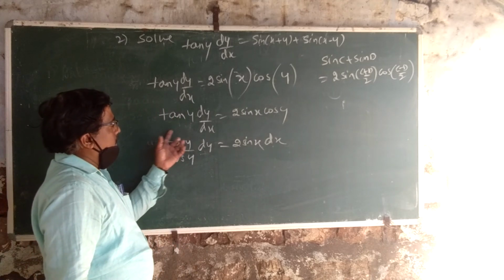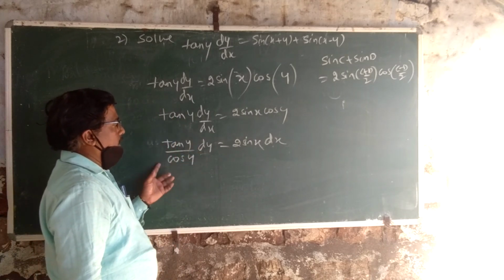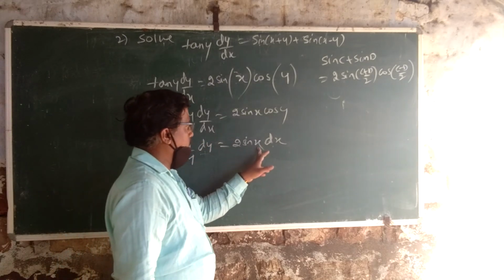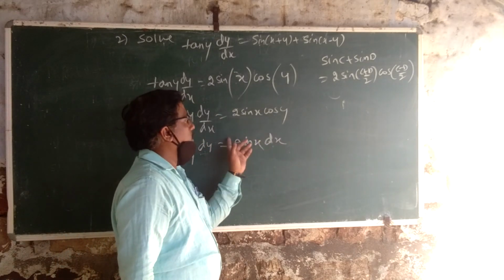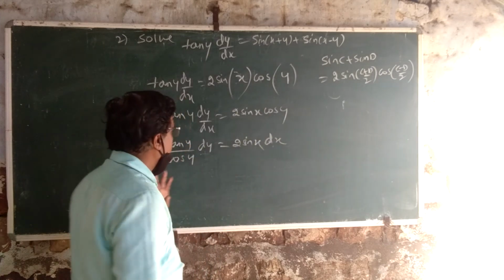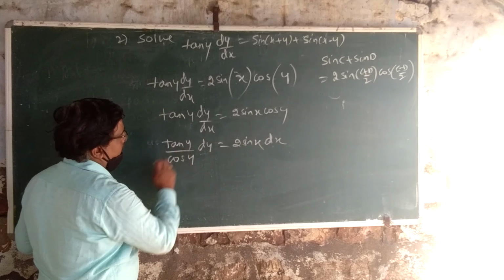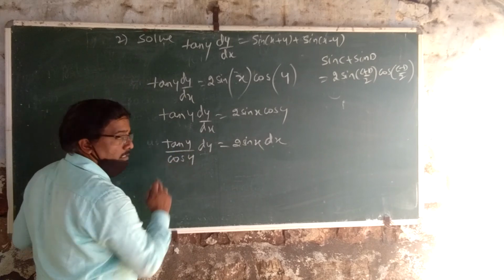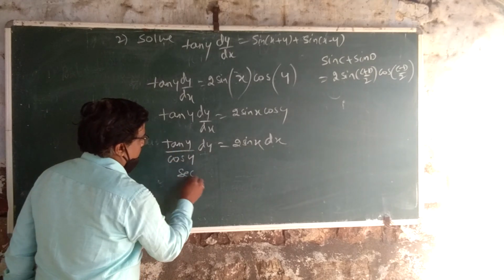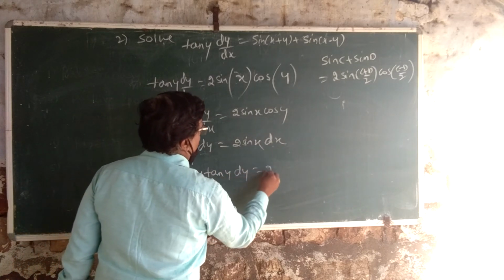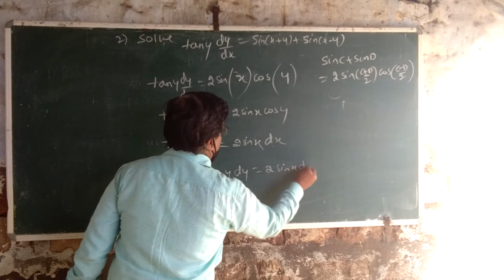Now see here, the terms containing y and dy are on one side, and the terms containing x and dx are on the other side. Okay, so now we integrate. So 1 by cos y is nothing but secant y. So that is sec y into tan y dy is equal to 2 sin x dx.